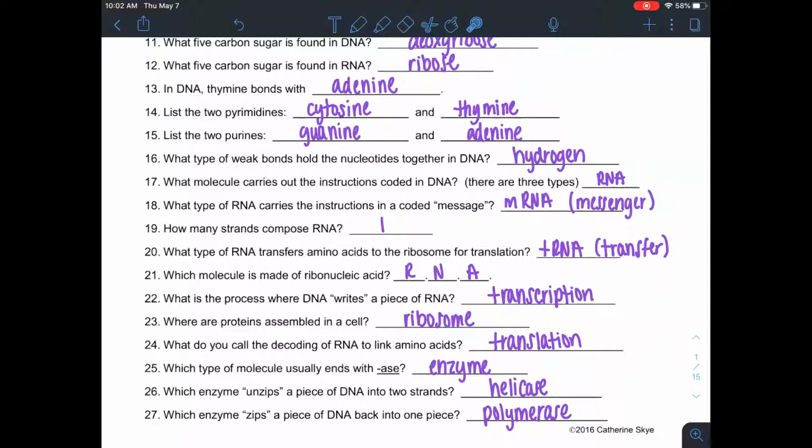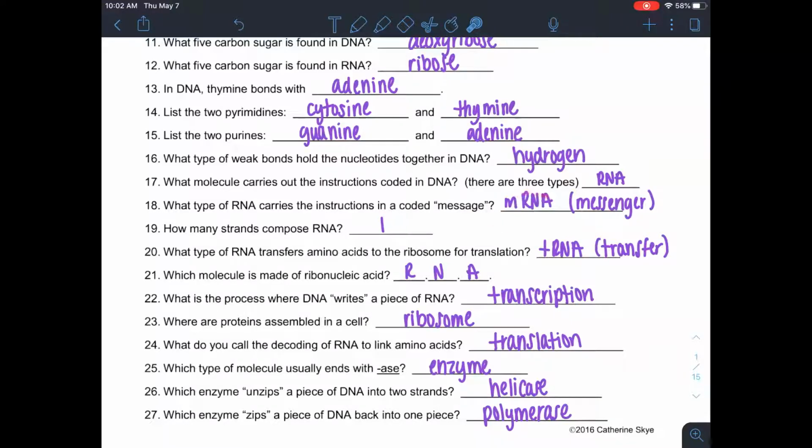For number 17, what molecule carries out the instructions coded in DNA? Carries out, out of the nucleus. So it carries the instructions from the DNA out of the nucleus. That would be the RNA, and specifically, the type of RNA that carries the coded message would be the mRNA.